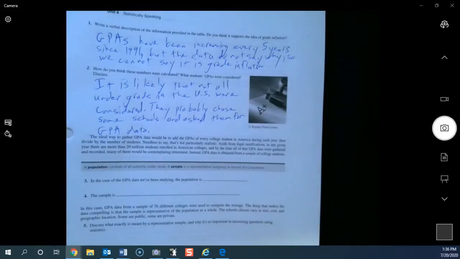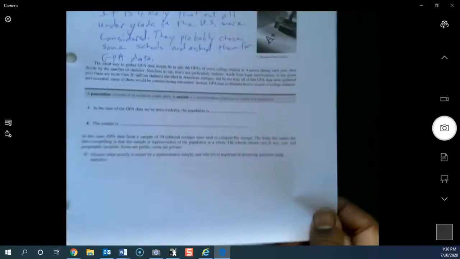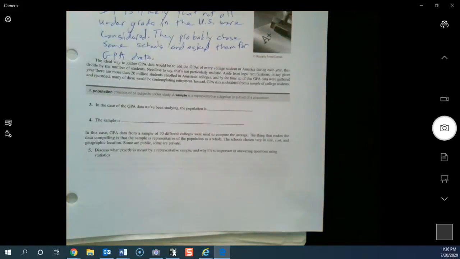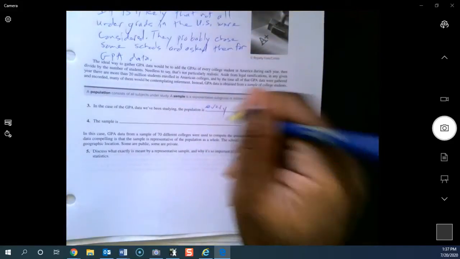Okay, now it says here population consists of all subjects under study. A sample is a representative subgroup or a subset of a population. So that's very important. Because in a lot of things in statistics, you're going to use samples. Okay, now, in the case of the GPA data we've been studying, the population is every college student.